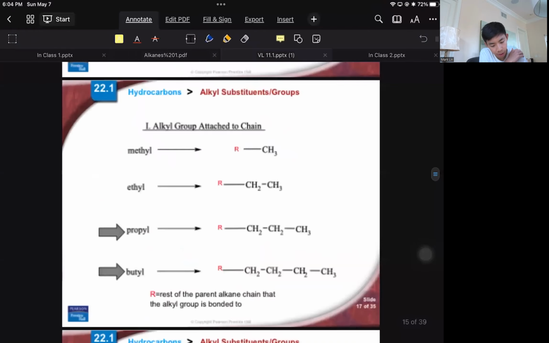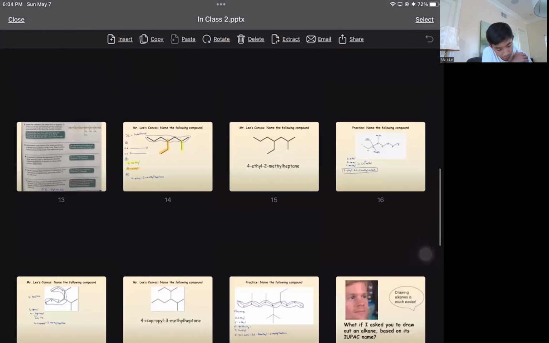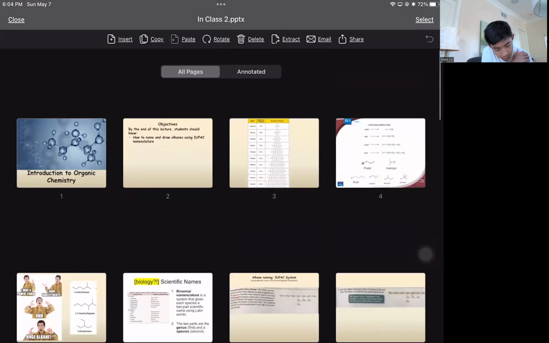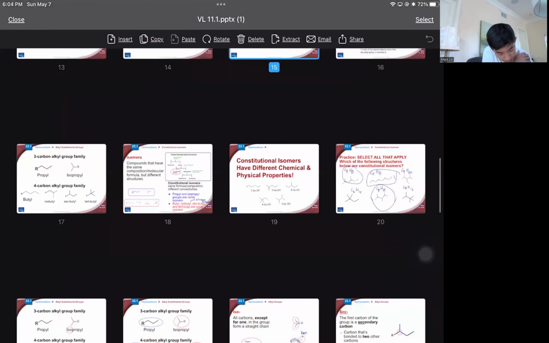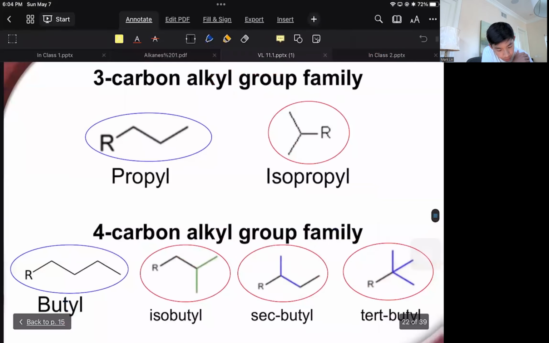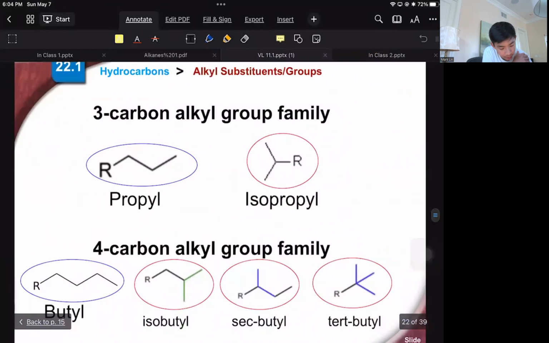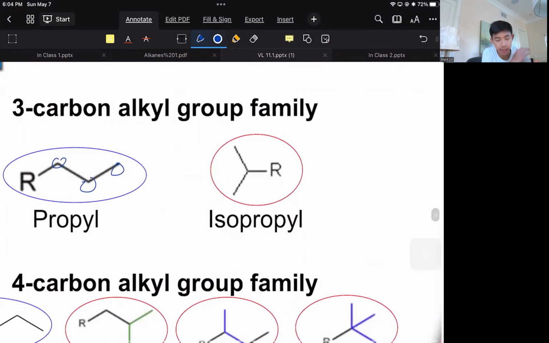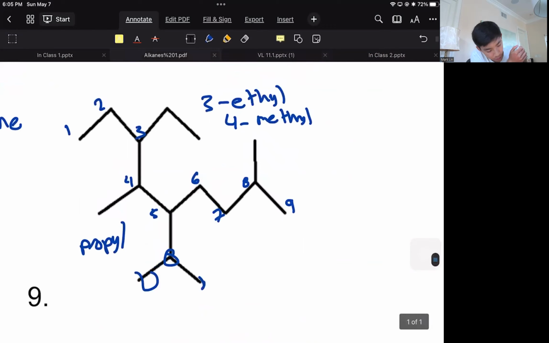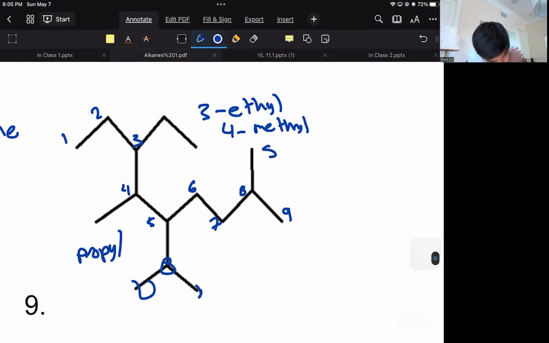I think it's in our 11.1. Propyl is three, and the only one that's like a weird triangle is isopropyl. That's going to be isopropyl at five, and then eight is going to be a methyl.